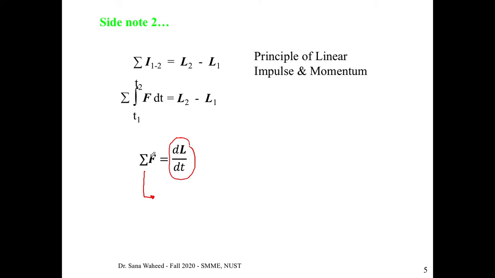And if we look more closely, then the resultant force that's acting on a particle at a given time is actually equal to the rate of change of its momentum.